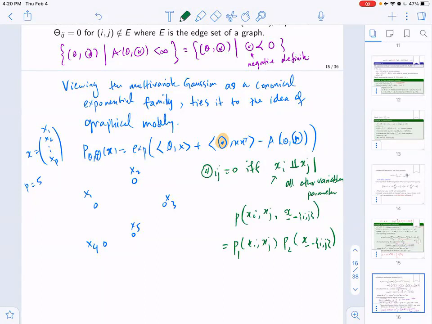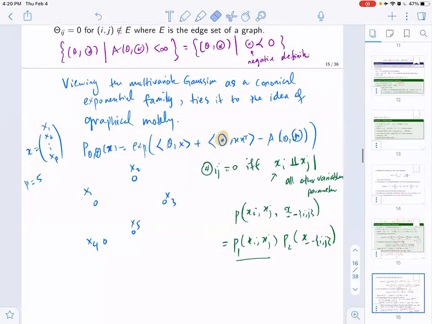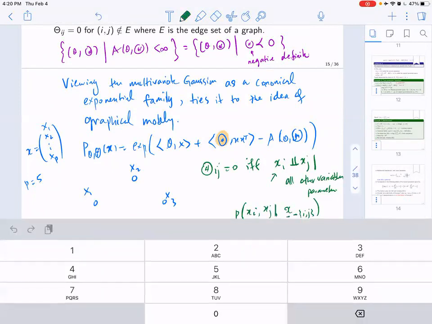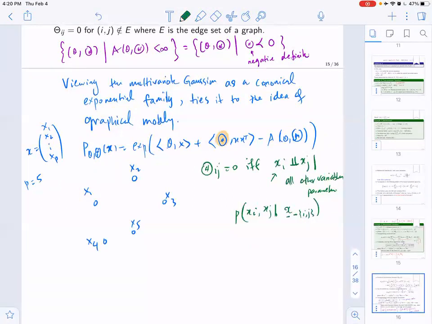So they're going to be conditionally independent if and only if something like this happens. Sorry, this is not what I wanted. This means these two are independent. What you want to show is that this factorizes like that: p(xi given negative ij) times p(xj given negative ij).